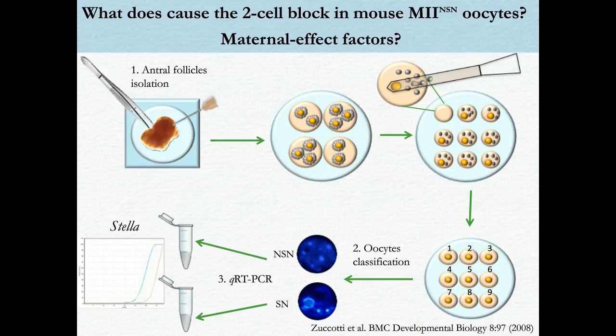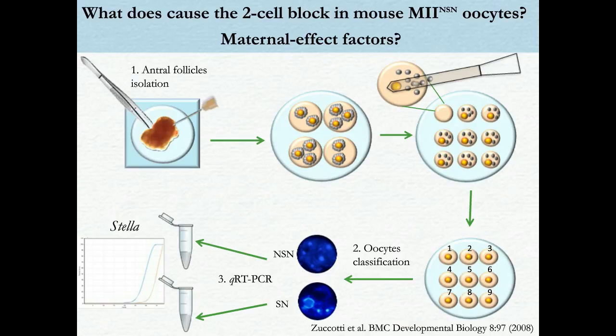This allowed the careful removal of the surrounding cumulus cells until each single oocyte was completely devoid of cumulus cells, and it was isolated in a single drop of M2 medium containing Hoechst.